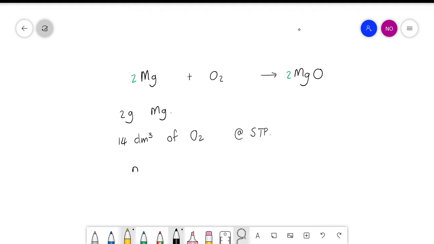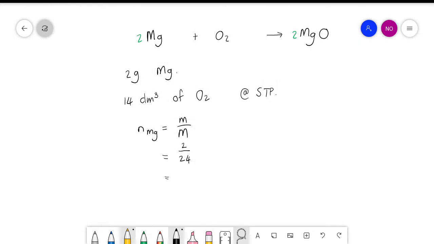So die aantal mol magnesium gaan wees massa gedeel deur molêre massa. 2 gedeel deur 24, ja. So I have 0,083 mole magnesium available.